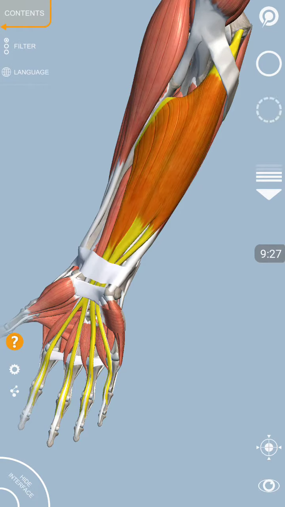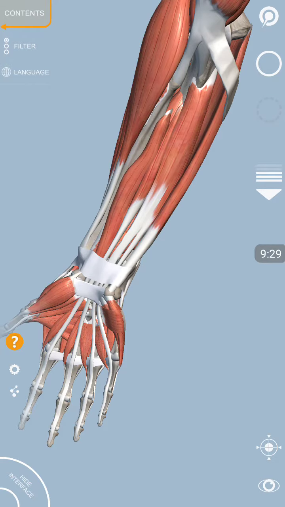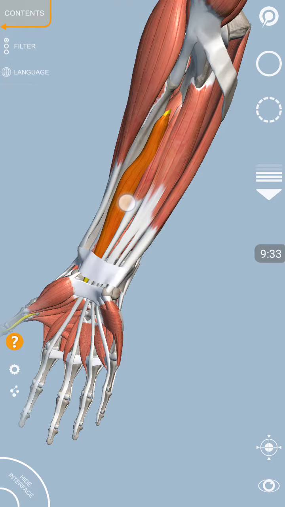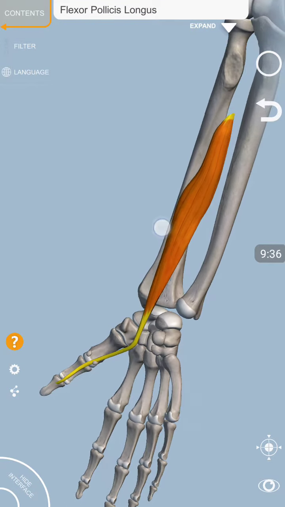Now I would go further. Here you can see, this is flexor pollicis longus. So this is the deepest layer of the forearm muscles. As our rule was, the deeper the muscle, the more distal it will attach.